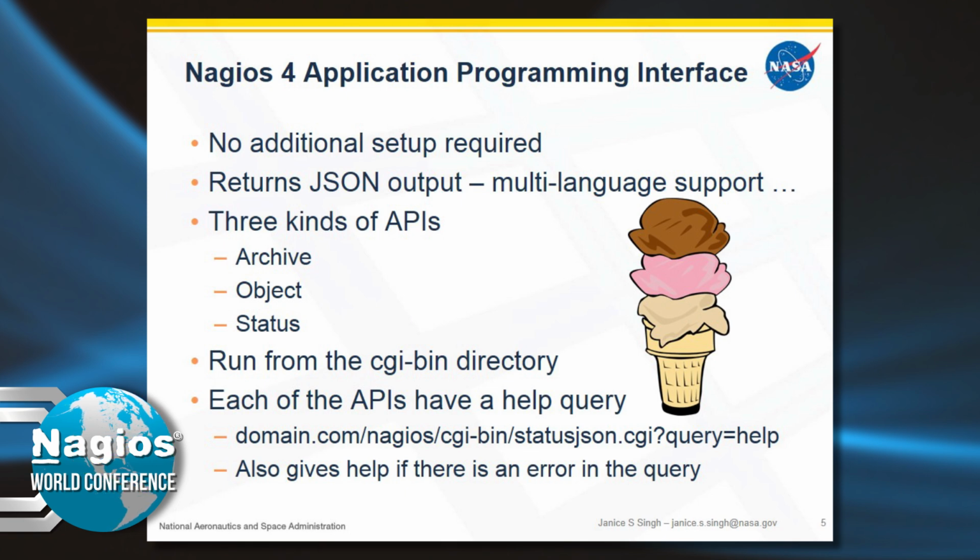You run them from the CGI directory, and they have a help query. I have an example there of how, if you want to know how to use the ones for status, you would get the help. And if you make a mistake in the query, that's also going to give you the help. Someone can correct me if I'm wrong, but as far as I know, there's no documentation for the APIs, so the help gives you pretty much all the information.